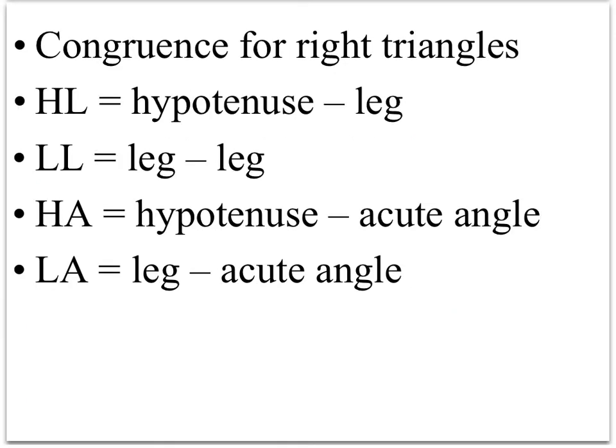Now, our book has some special theorems to prove that 2 right triangles are congruent. For instance, this one here, leg, leg: if we have 2 right triangles that have both of their legs in common, then the book says that that is leg-leg congruence.